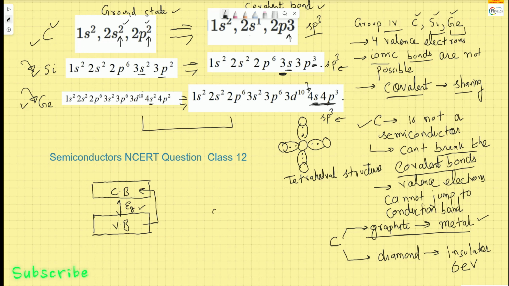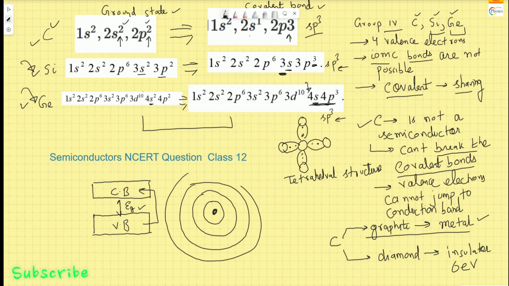The nucleus is at the center. You have one, then two, then three, and then four. If you have SPDF formation in the fourth one, it is far away. So the interaction with the nucleus is low.